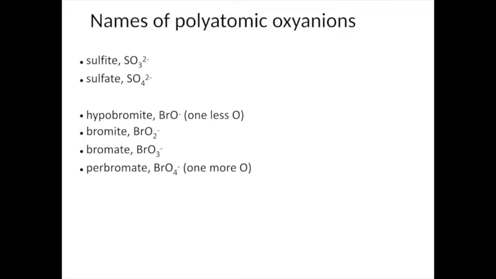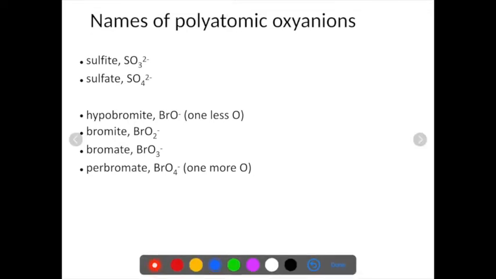It may help, it may not. But look at bromate here. Bromate is BrO3 -1. Now if I subtract an oxygen, I get bromite, BrO2 -1.